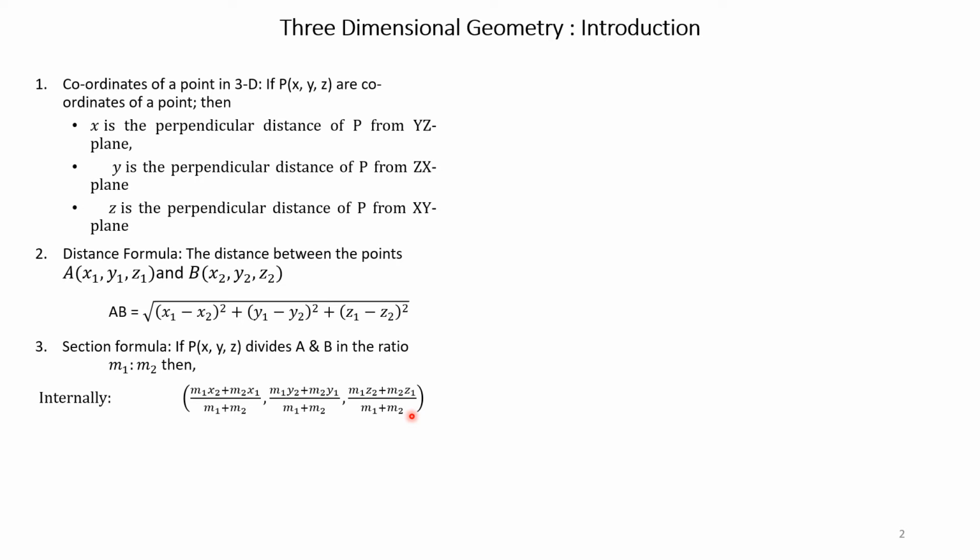Please note this down and then you will be able to remember it easily. So that was for an internal division, when P was dividing A and B internally.